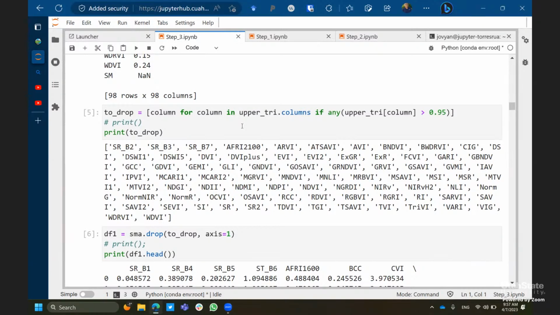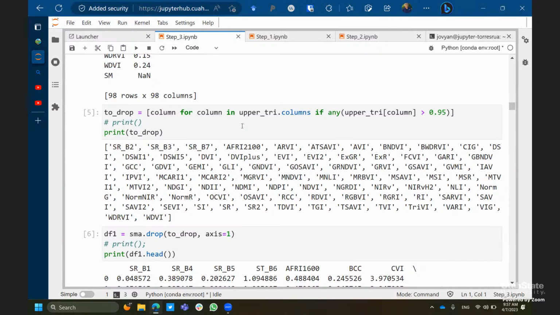That will depend on you, but the higher the value, the less chance you have to throw away an important variable, but also if you keep that value too high, like 0.99, the chances are high that you will keep a highly correlated variable.